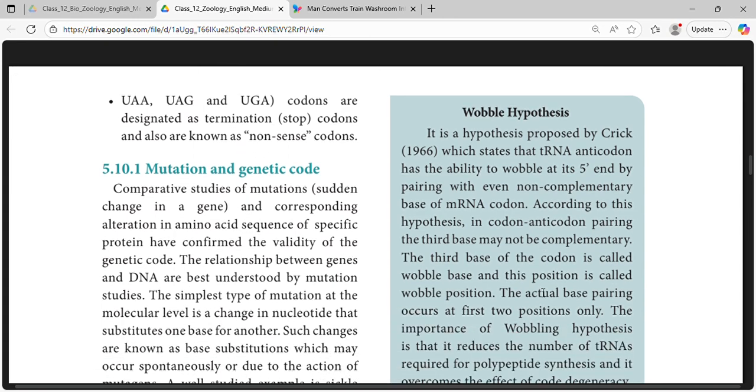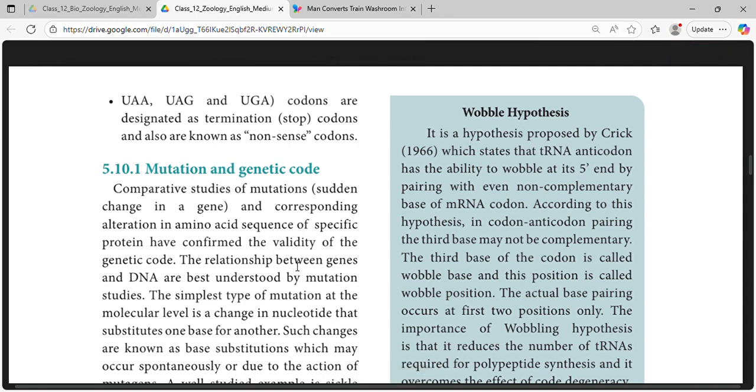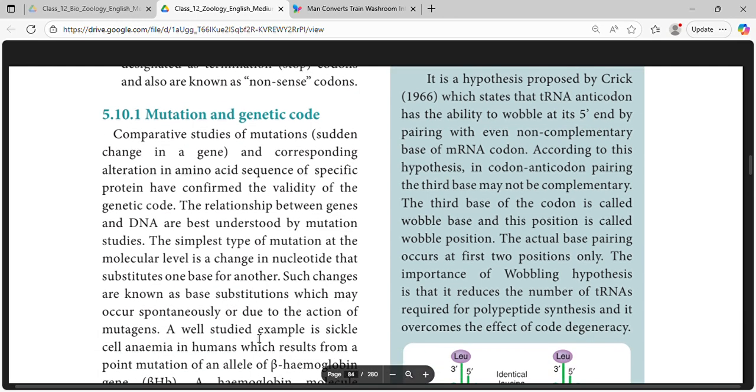Comparative studies of mutations and corresponding alterations in the amino acid sequence of specific proteins have confirmed the validity of the genetic code. The relationship between genes and DNA is best understood by mutation studies. The simplest type of mutation at the molecular level is a change in a nucleotide that substitutes one base for another. Such changes are known as base substitutions, which may occur spontaneously or due to the action of mutagens.